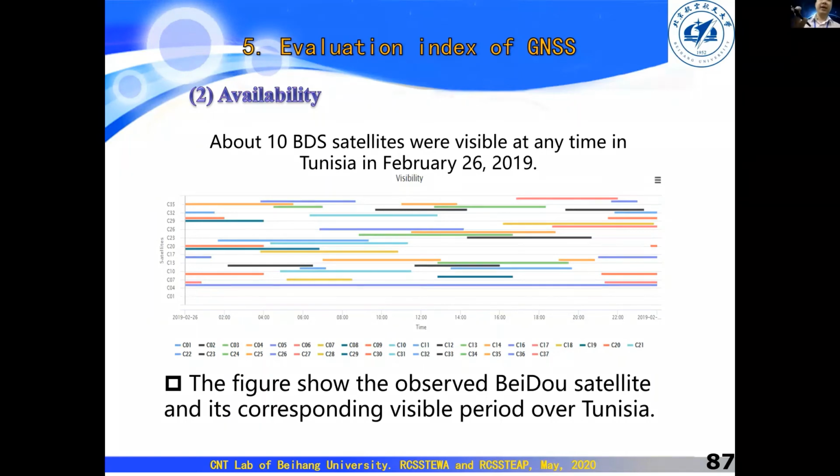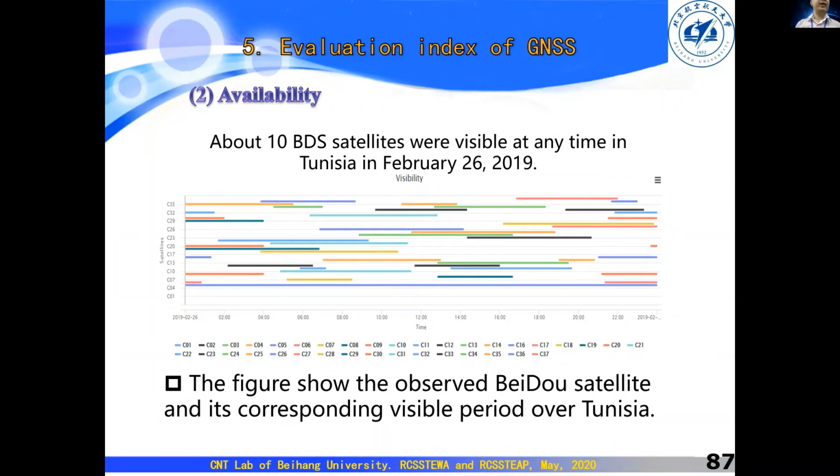In Tunisia, commonly about 10 Beidou satellites are always available. These figures show which satellite corresponds to which period in Tunisia.